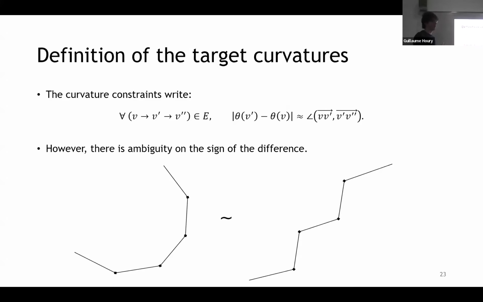So of course this is not enough, because due to this ambiguity on the sign of the difference, two very different curves may have the same, let's say, absolute angular curvature. And so we need a way to define which sign we are enforcing on the difference as well.